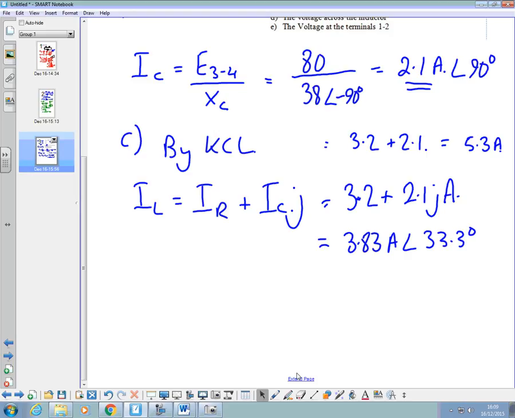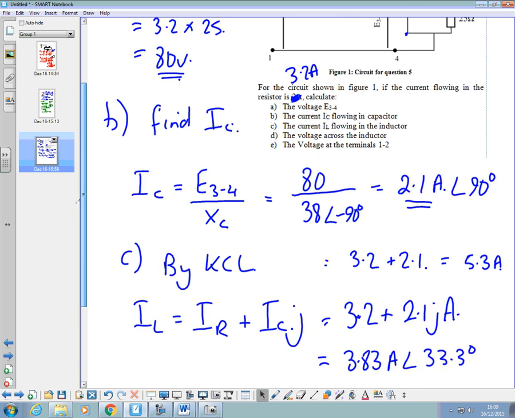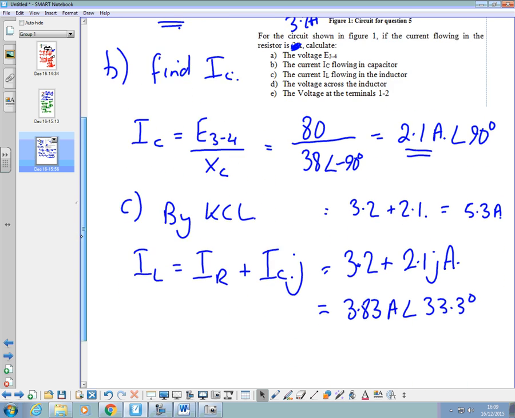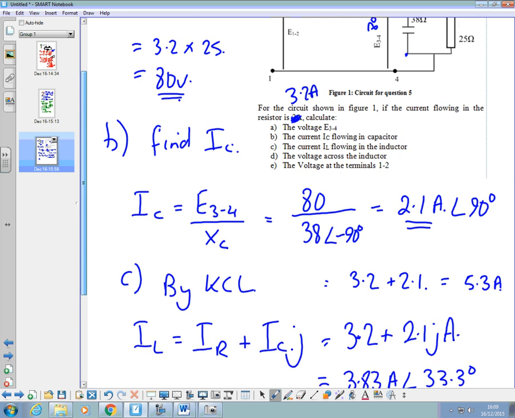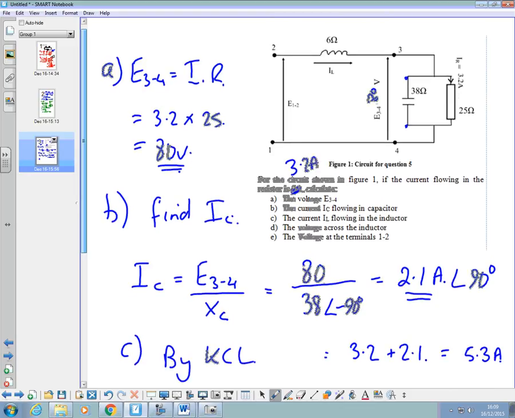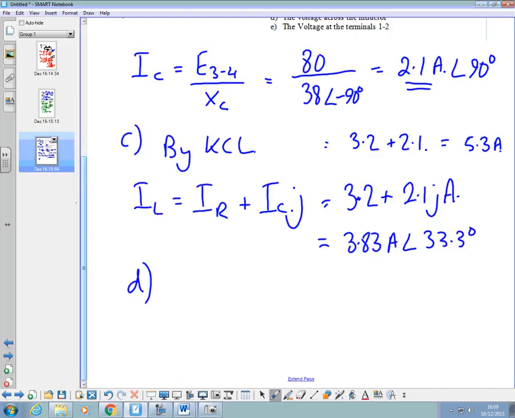Part D. What was part D? Voltage across the inductor, which is effectively, we could say that's E23, couldn't we? How do we find that? The formula for it, how have you done it?